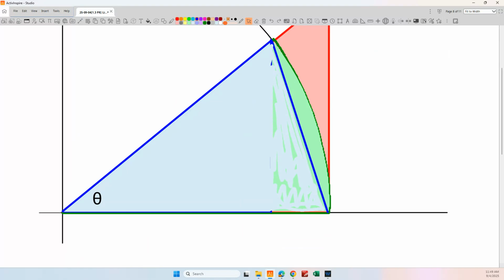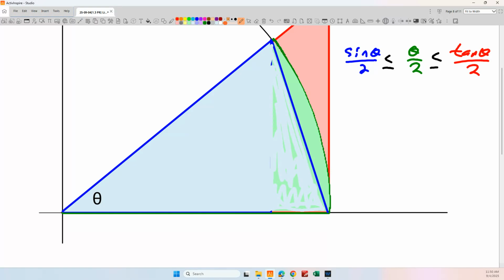So sine theta over 2 is going to be less than or equal to the area of the sector, which was theta over 2, right? And our biggest area was tangent theta over 2.